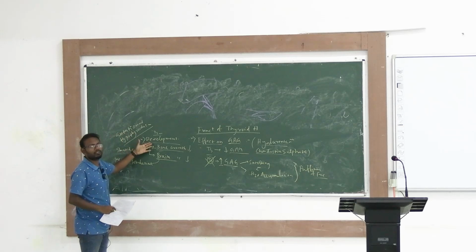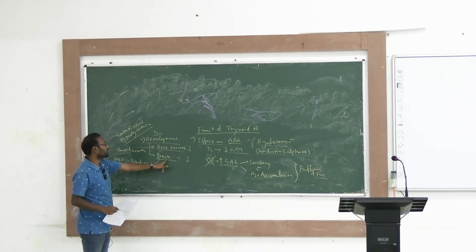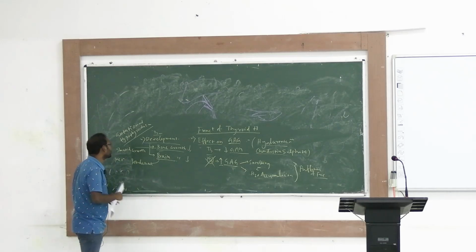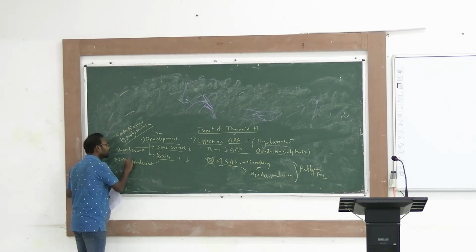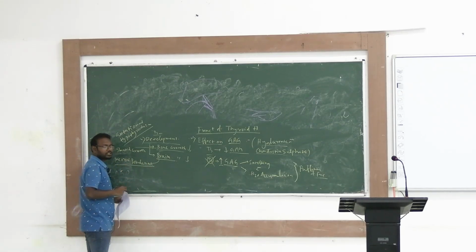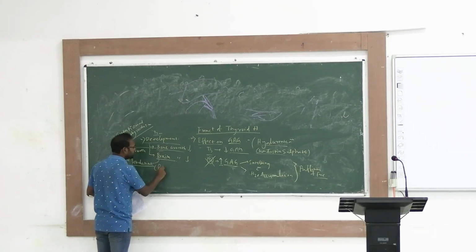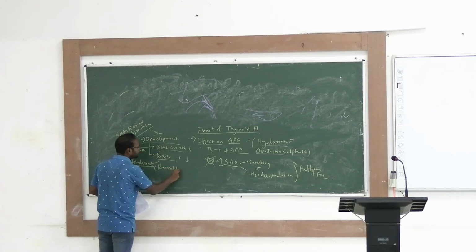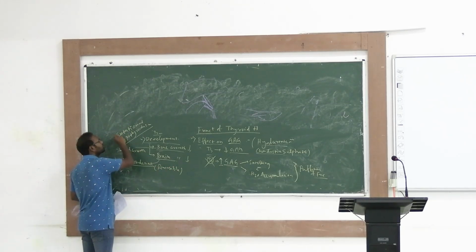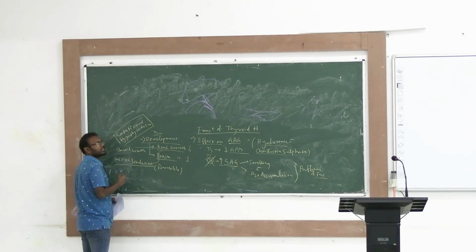During gestational development, due to less brain growth there will be mental retardation, but that is absolutely reversible. If we can correct the cause, if we can correct gestational hypothyroidism, the mental retardation will be reversible.